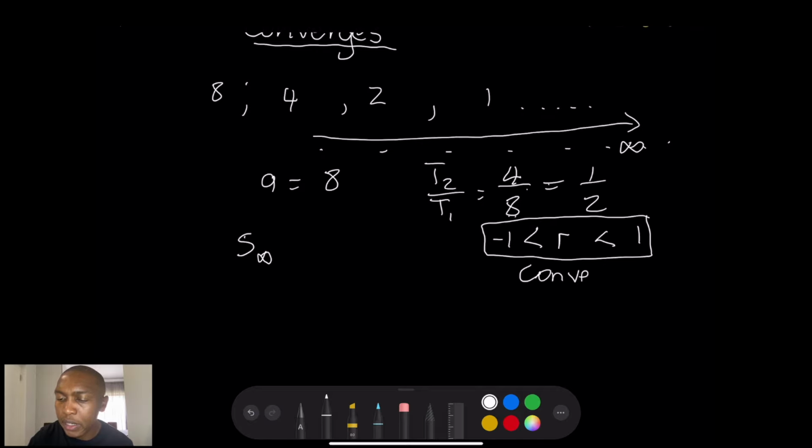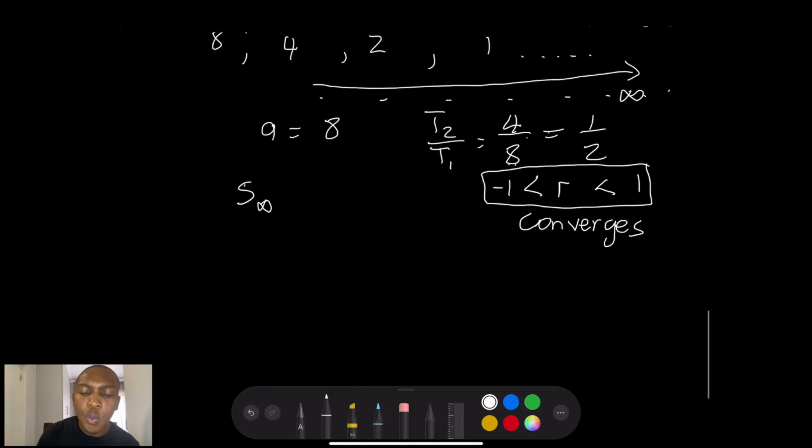It converges. What that simply means is that the numbers get smaller and smaller, and they lean more towards a specific number, in this particular case 0.